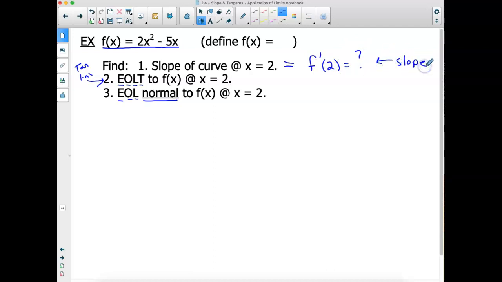Now remember, we have two ways to do this. The first way we can do this is we can approximate.